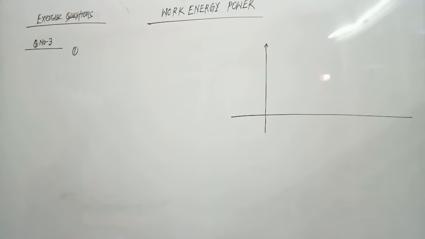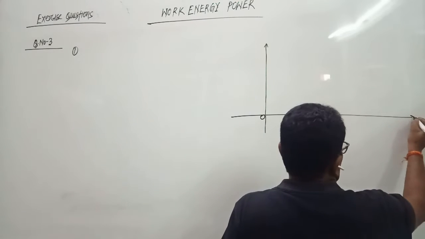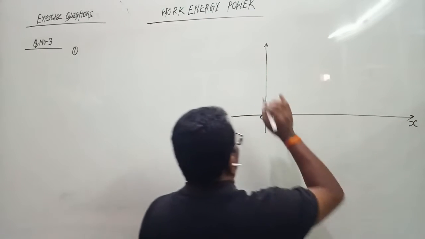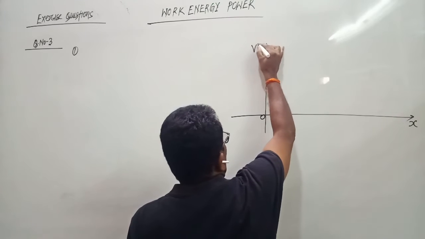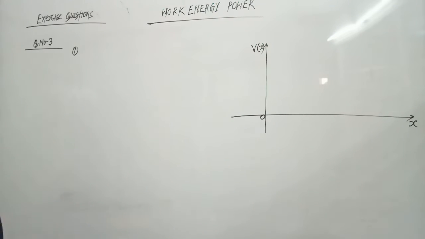This is the x origin, this is x, and this is the potential energy function, V(x).